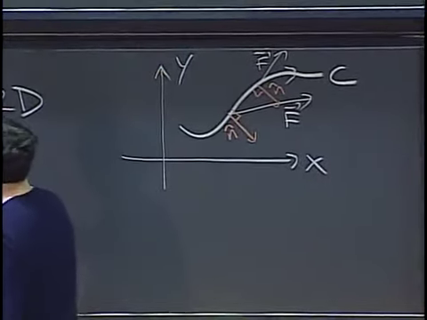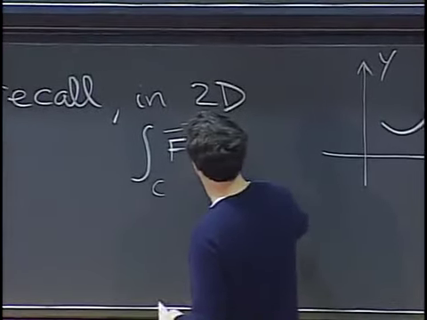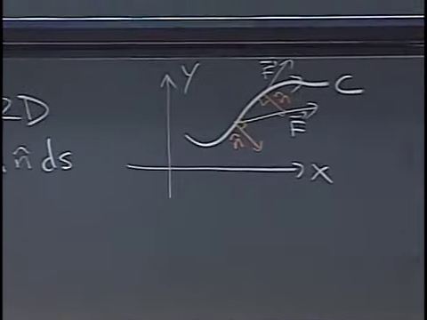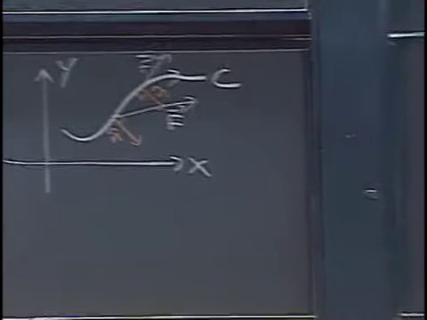So we formed the flux integral that was a line integral F dot n ds, and that measured how much the vector field was going across the curve.